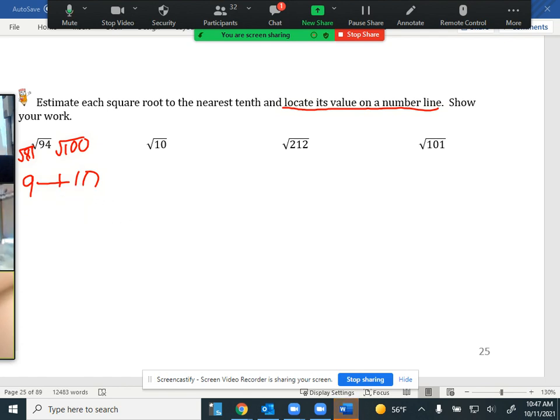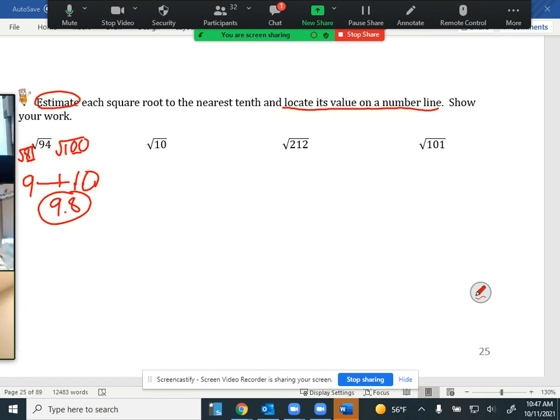Between 9 and 10, it would be 9.8 maybe. Again, it doesn't have to be exact. It could be 9.7, but it's the estimate. So you want to be close. You're not going to guess that it's going to be 9.2, because it is a lot closer to 100 than it is to 81. So you want to make it the best educated guess that you could get.